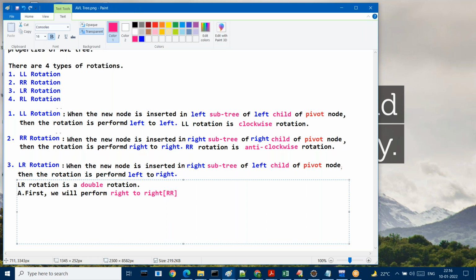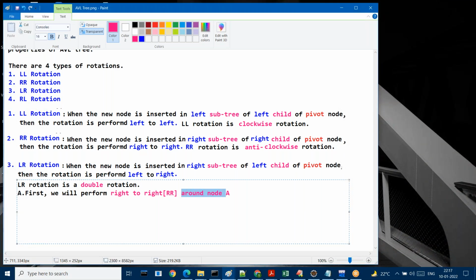So LR means first RR. First we will perform RR around, not pivot, around node A. Who is node A, sir?